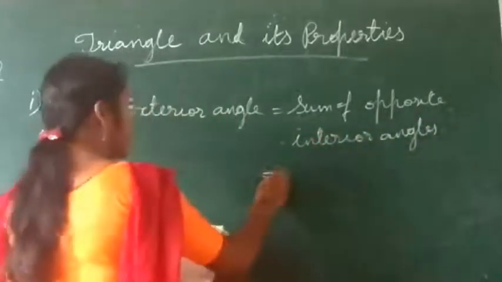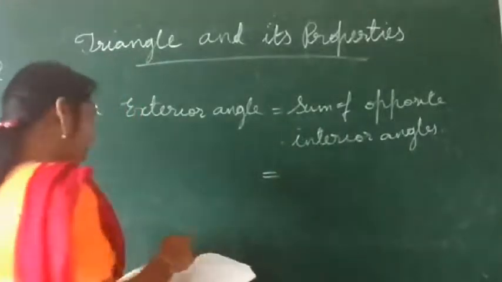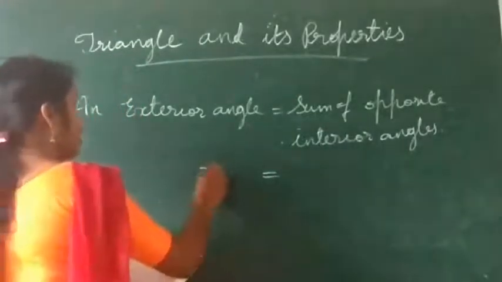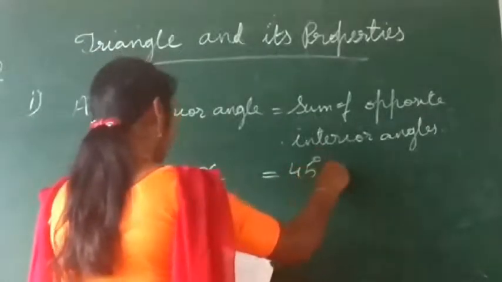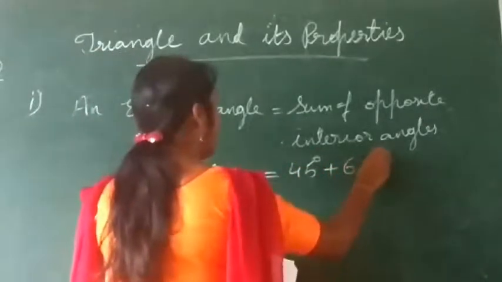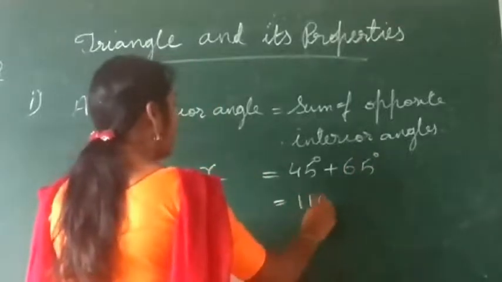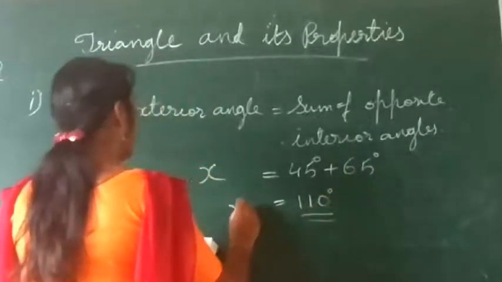The given exterior angle is x. So x is equal to the interior angles, 45 degrees plus 65 degrees, that is equal to 110 degrees. This is the value of x.